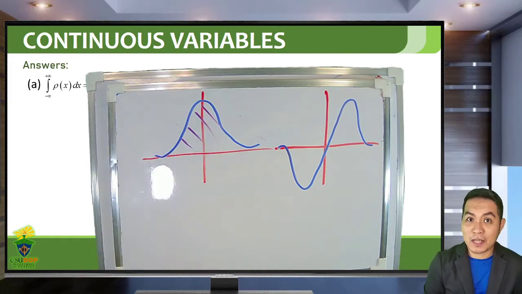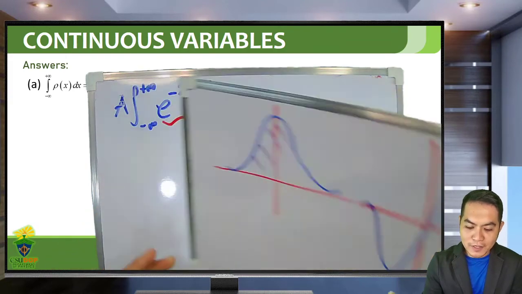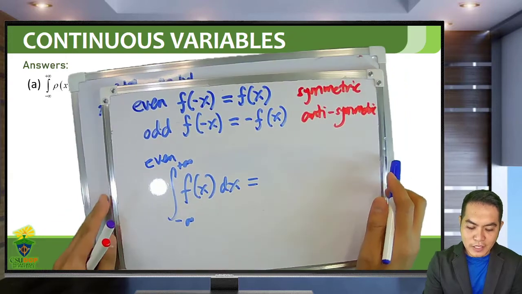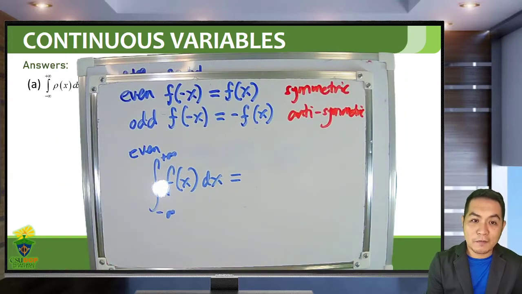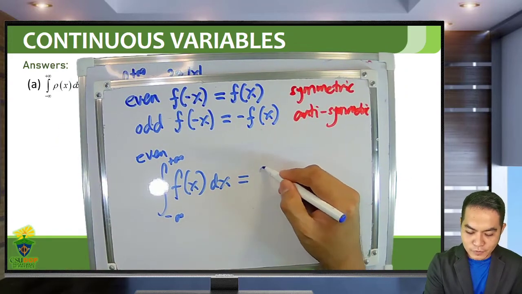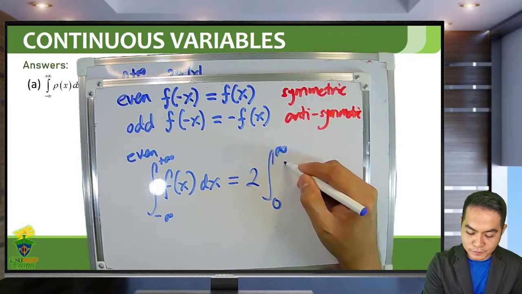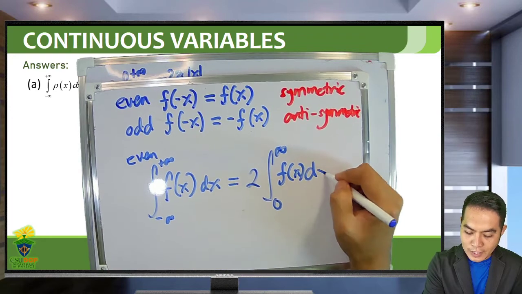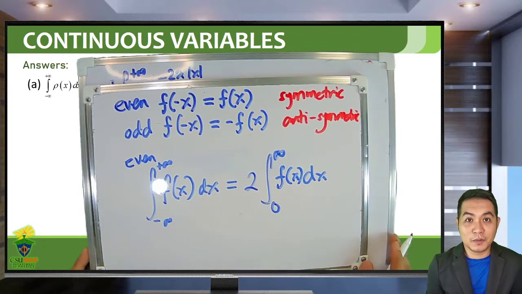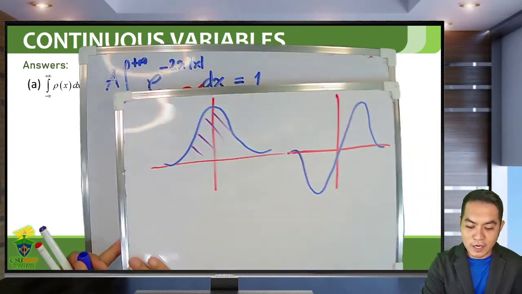So if you have an even function and you integrate it over even limits, you can just integrate from 0 to infinity and multiply by 2, because they are symmetric.